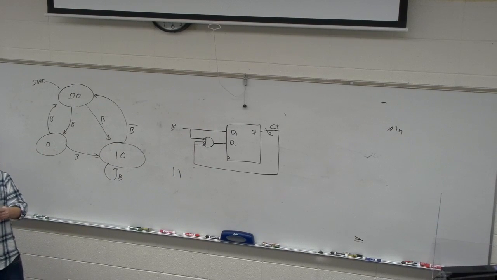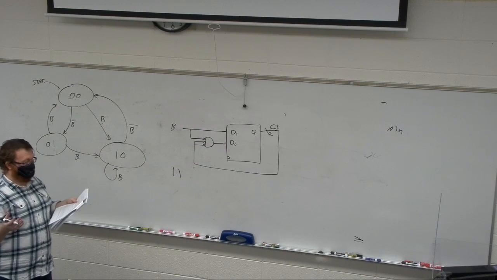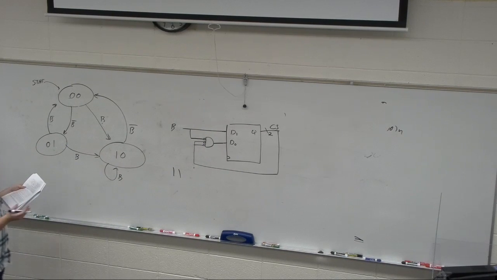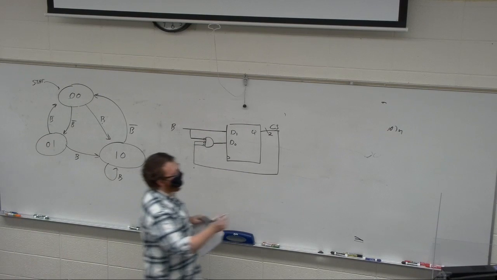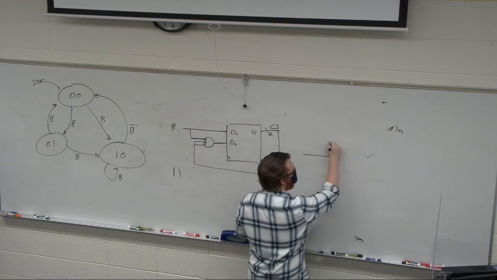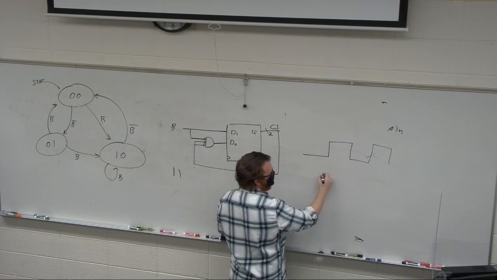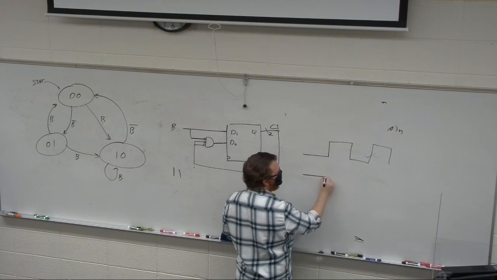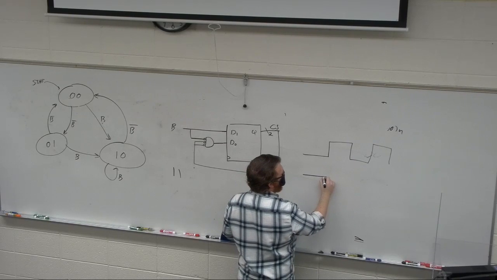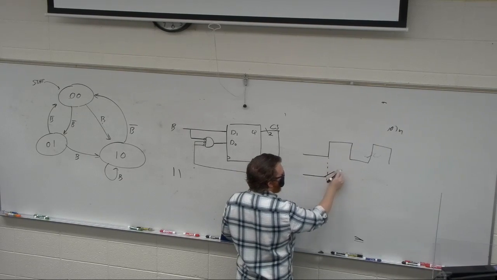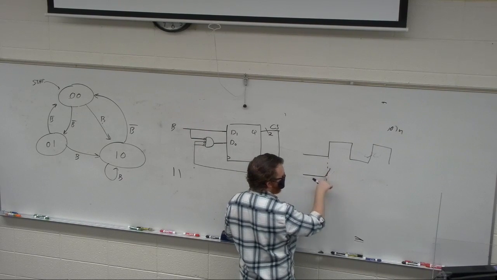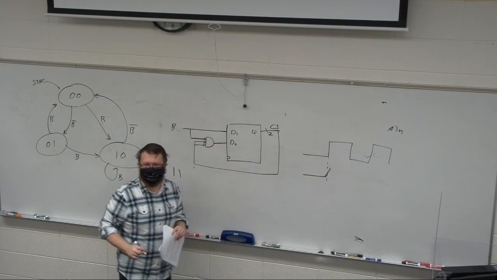So if the state machine is in 0 and B asserts just before a clock pulse, right? So our clock is ticking along and B does something, B is 0, and we start this transition just before this happens, right?